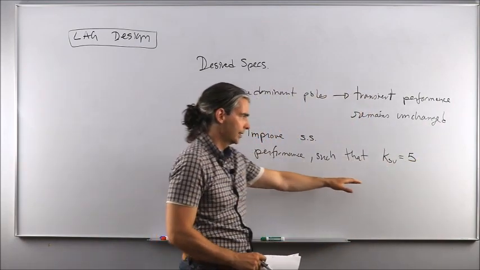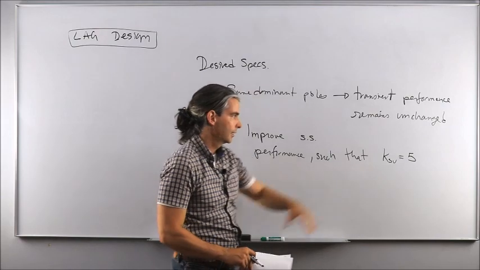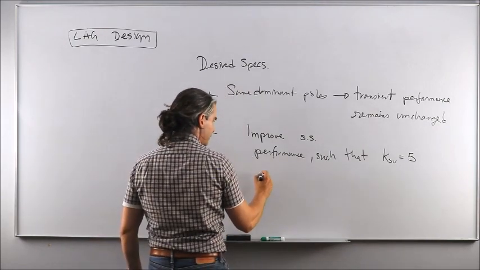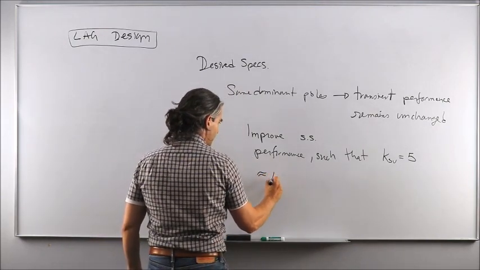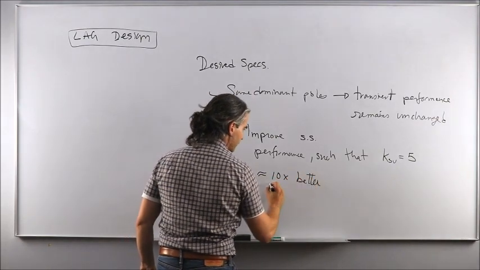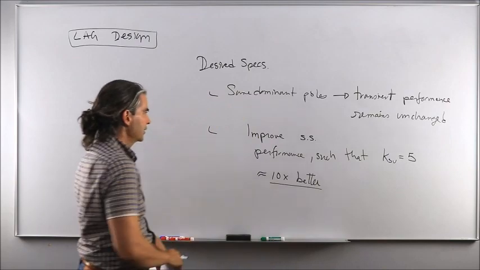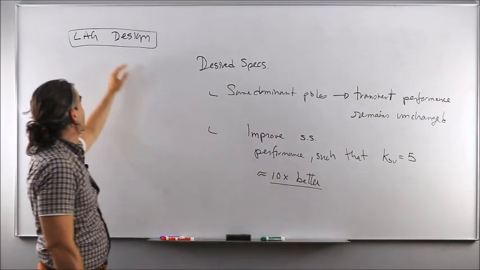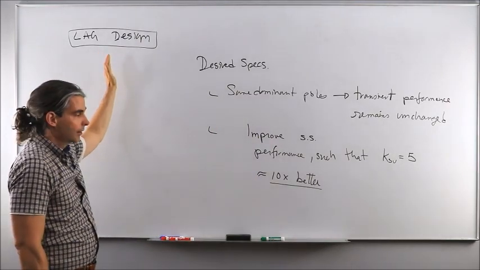And we had 1.06 over 2, meaning that we want Kv about 10 times better, okay? And that is the basis of this phase lag design.